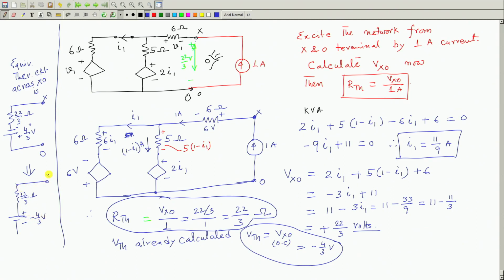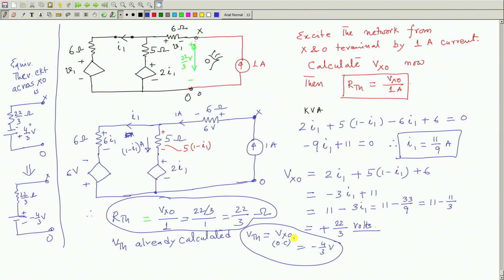Then this is x, they are one and the same thing. These two you must understand, because potential of x with respect to O I have got to be minus 4 by 3 and so on. This is one way of solving the network.